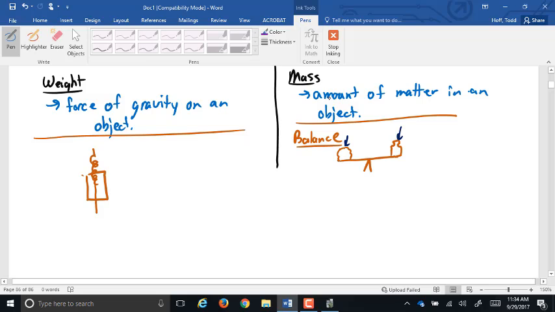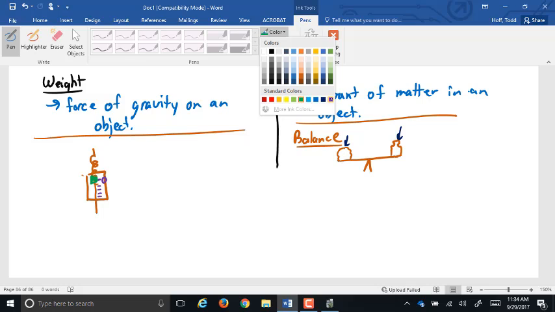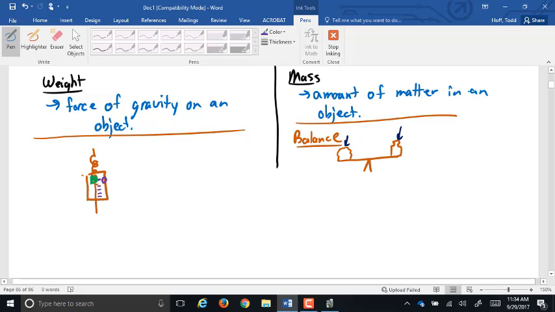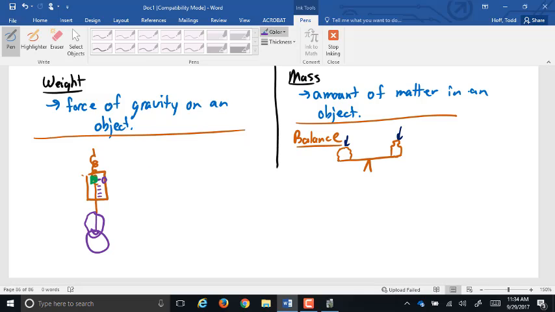A scale is just a metered out set of numbers, and then some sort of an indicator that indicates the position of that spring. If we hang our object that we're trying to measure on that scale, it stretches out, and that indicator moves, telling us how much the spring is stretched. So that literally measures the force, the pull of gravity on that object, how much it stretches the spring with that object hanging on it.